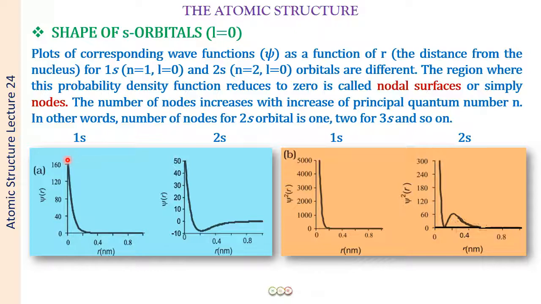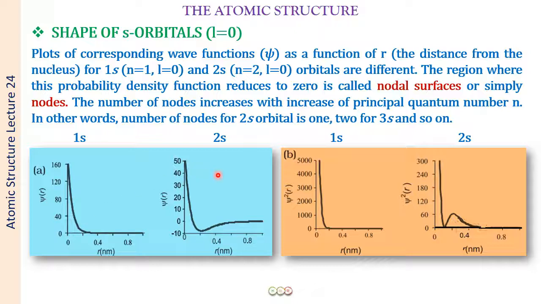So this means the probability of finding the electron is maximum near the nucleus. And as the distance increases, psi is decreasing very sharply, and then this is becoming stable and almost equal to 0. Right? So this means that as the distance is increasing, the probability of finding the electron is decreasing.